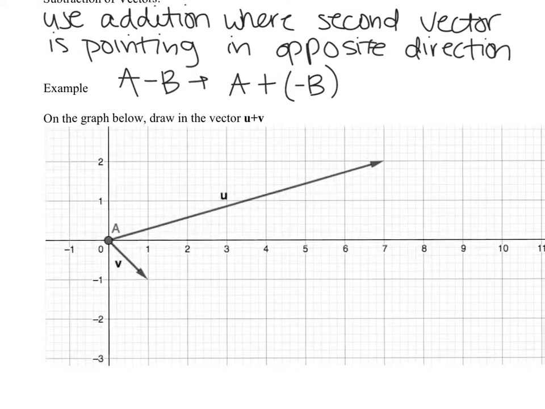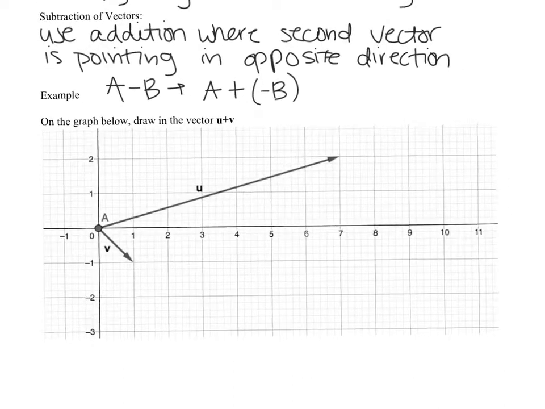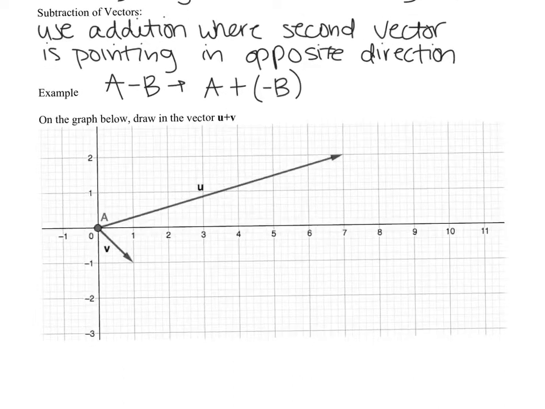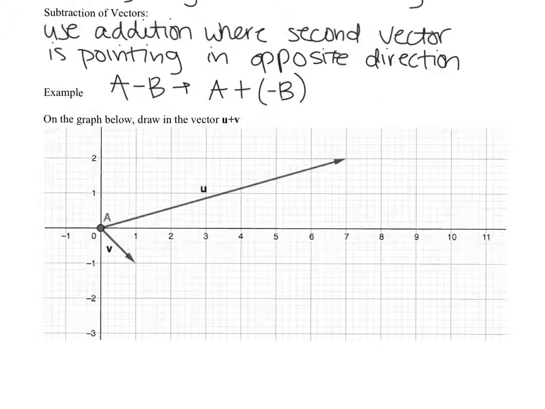So let's go ahead and take a look at an example. We have two vectors u and v, and we want to draw our sum vector, u plus v. We could use the head to tail method, but that would involve moving one of our vectors. This example is set up pretty easily for the parallelogram method because our vectors have the same initial point.